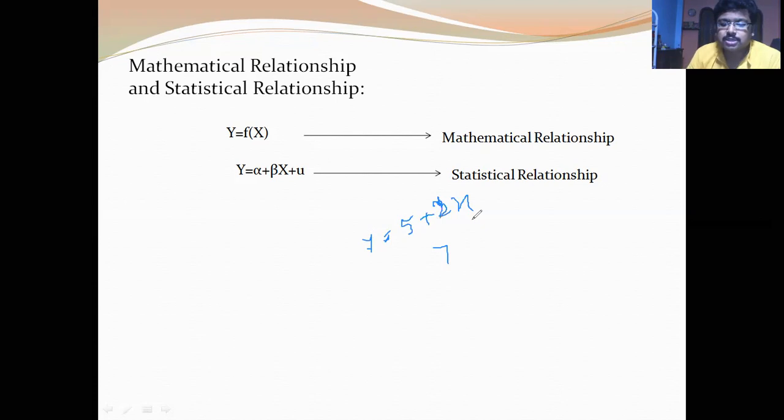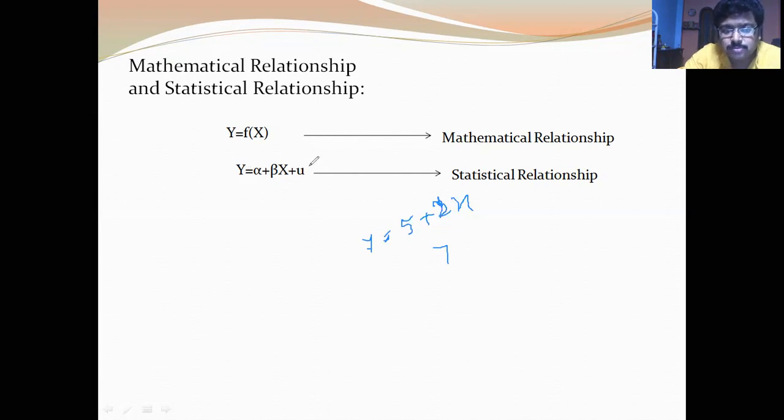A statistical relationship does not give you the unique values of y for given values of x, but can be described exactly in probabilistic terms. Okay, so look here. In my statistical relationship, y is equal to alpha plus beta x plus u.